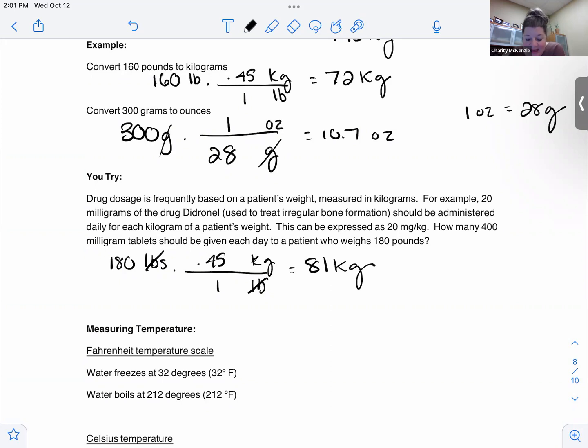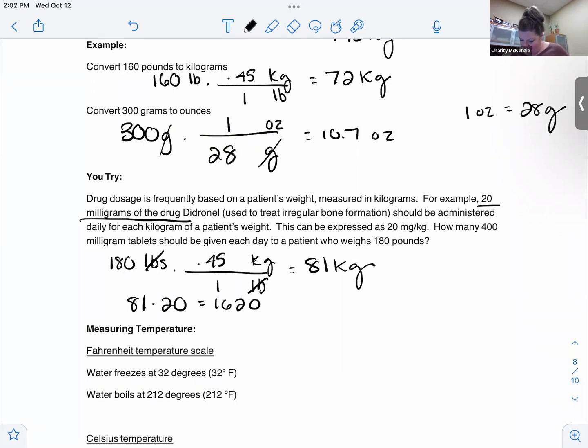And then we have 20 milligrams of the drug per kilogram of the person's weight. So I'm going to multiply 81 by 20. 81 times 20 is 1,620.